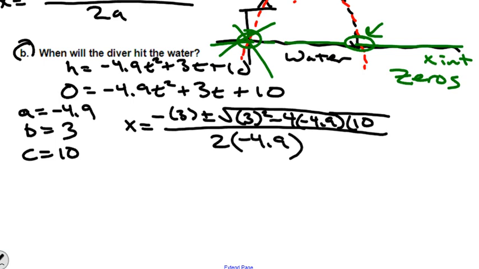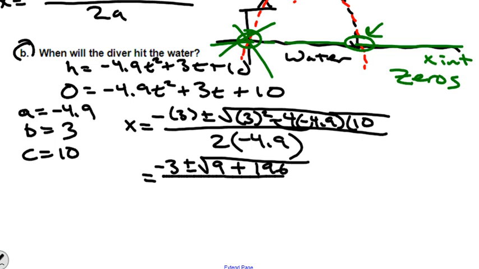All right? So let's simplify this a little bit. So we get negative 3 plus and minus the square root of 9 plus, because you have a negative times a negative, plus, and I know from trying this already that it's 196, and this is all over negative 9.8, just like the last time. So this gives me the square root of 205.